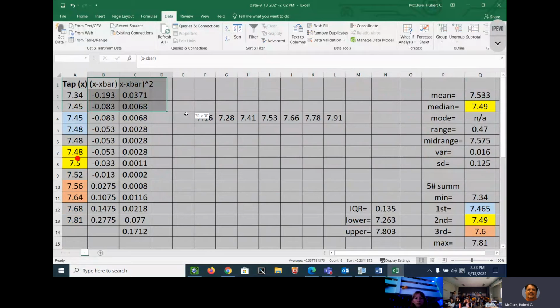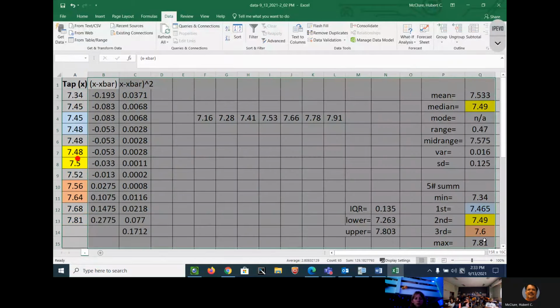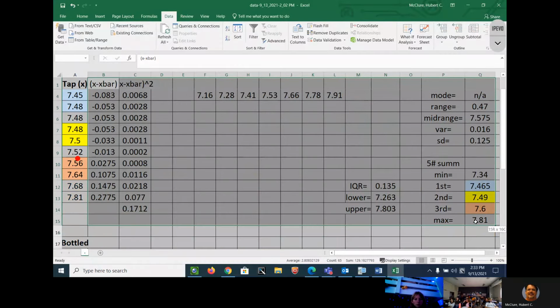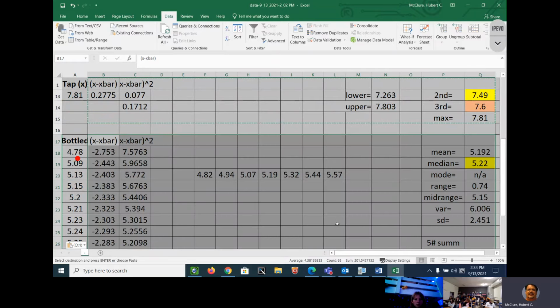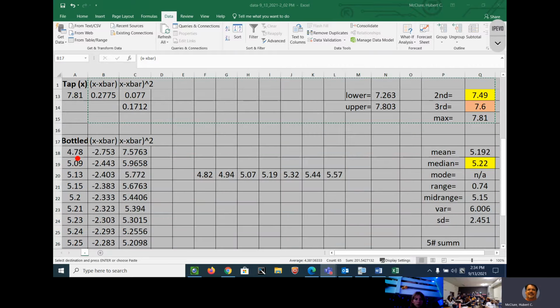Let me hit copy, Control C, go down here and hit Control V. There you go. Now, oh, I forgot. Sorry. Got to turn my stuff on.